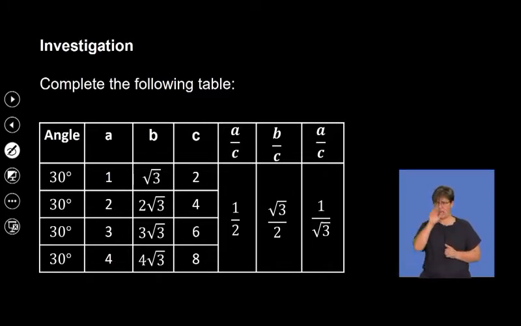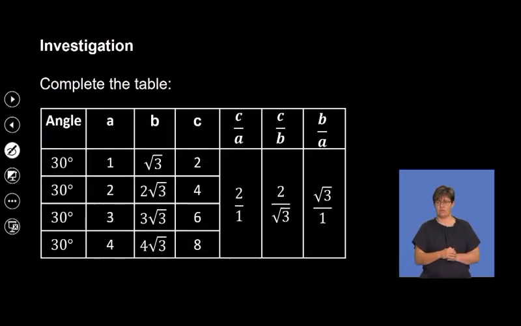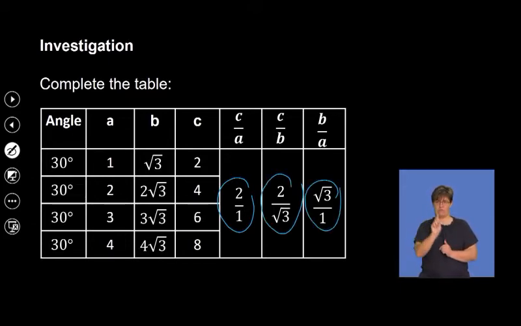Apologies, that's not supposed to be A over C, it's actually supposed to be A over B. And then you can also see that the second table that I said you need to complete is just the reciprocal of what we have, right? So it's tip and turn: the numerator swaps with the denominator. Hence, it's 2 over 1, 2 over root 3, and root 3 over 1.